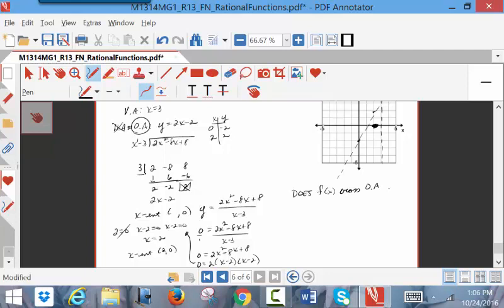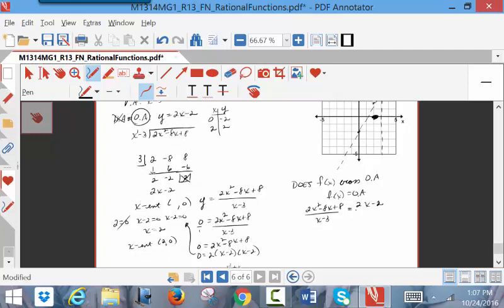So just as in every example we've done before, this means we set the function equal to that oblique asymptote. My function is 2x squared minus 8x plus 8 over x minus 3. And my oblique asymptote is y equaling 2x minus 2. So this one's a little more extensive when we do this algebra, but nothing we cannot handle.